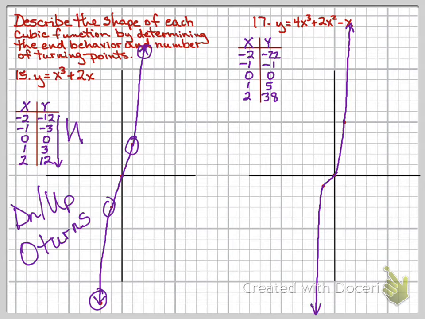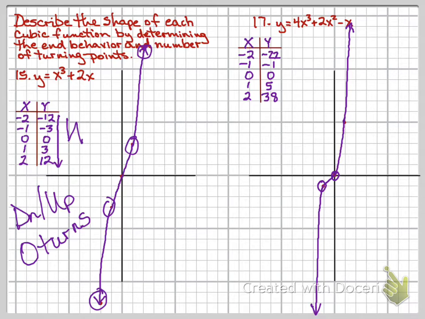So we can kind of see, between -1 and 0, a little bit of a turn. Not turn, but we can see some shifting there. So let's go in and look a little bit closer on that.